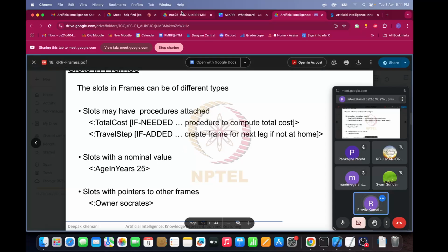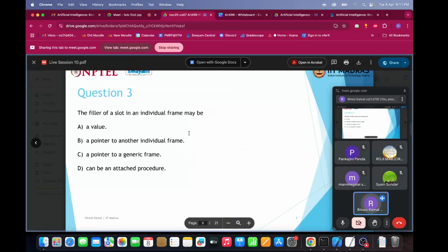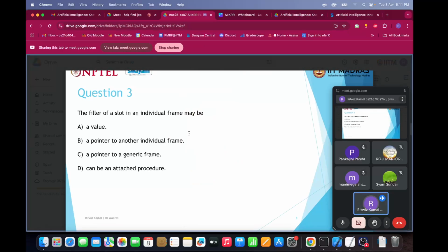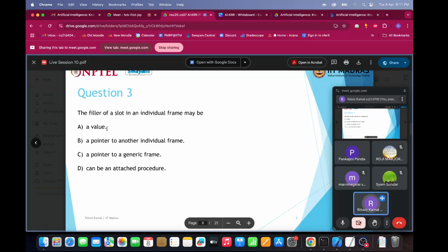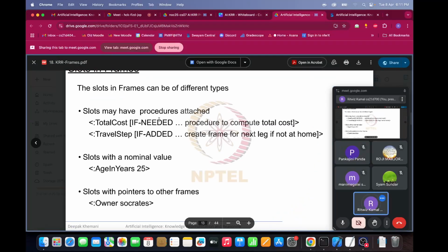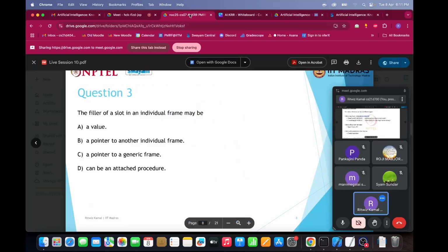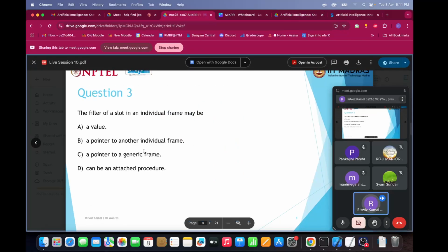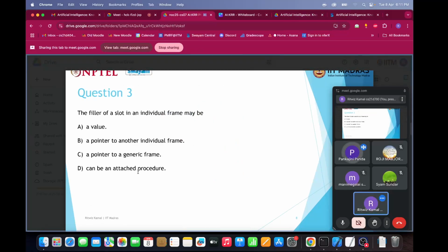With this in mind, coming back to the question, which options do you think would be the correct options in this case? A and B. A and B, okay. It can take a value, it can take a pointer to another frame. Let me go back to the slide. It also says that the slots may have procedures attached. So do you think option D is correct?